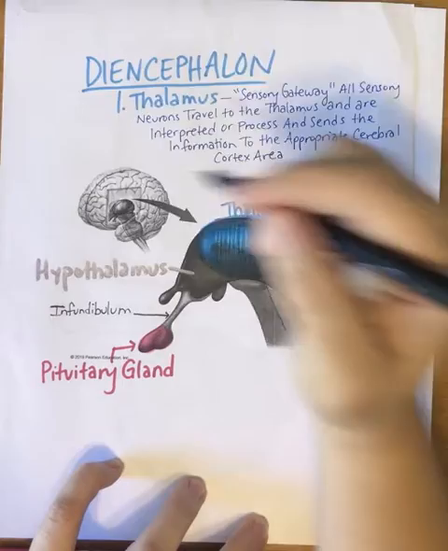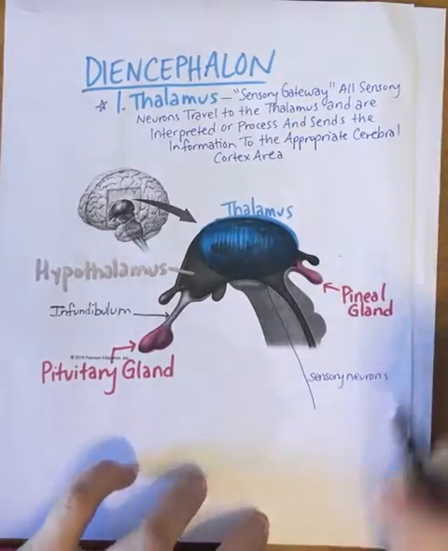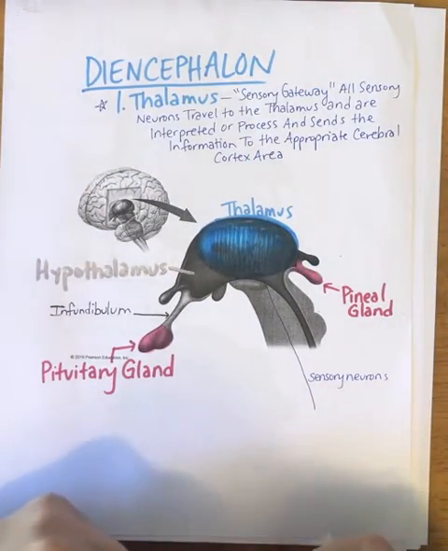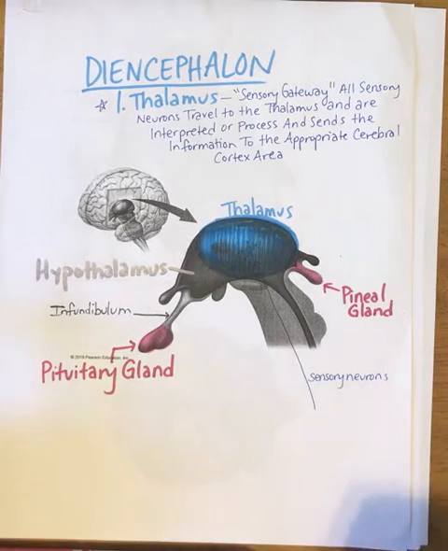The thalamus is probably one of the most important areas. It's the largest anyway. Now, the hypothalamus is very important as well, but in a different way.